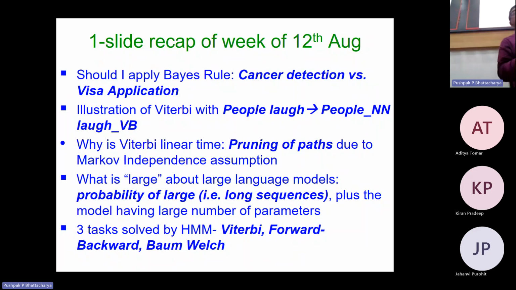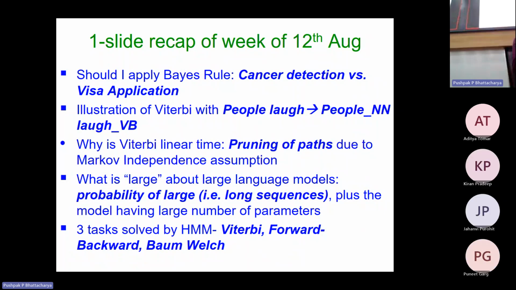We discussed if people laugh can be efficiently given a part-of-speech tag, and we understood that is possible through what is called the Viterbi algorithm. You draw the trellis on the sequence of words, and from that sequence of columns of part-of-speech tags, you find out the best possible path giving rise to the best possible tag sequence.